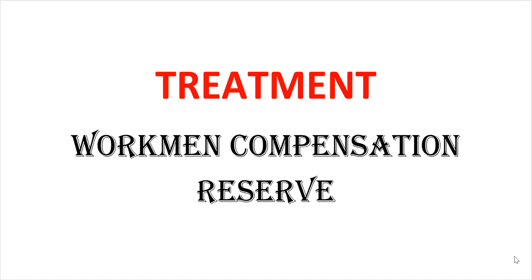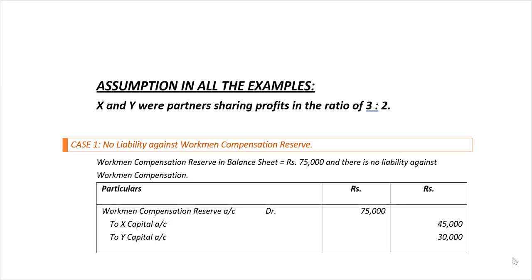So in this video, we will understand the treatment of workman compensation reserve in various scenarios. So let's go to those example sums. This is the assumption in all the examples which will be discussed.